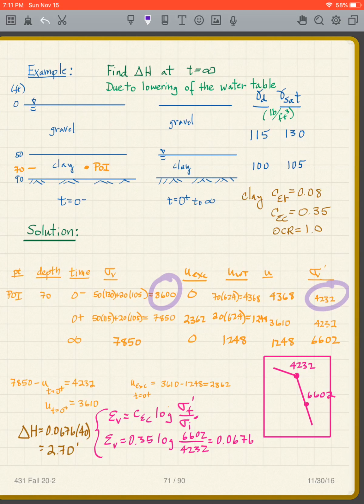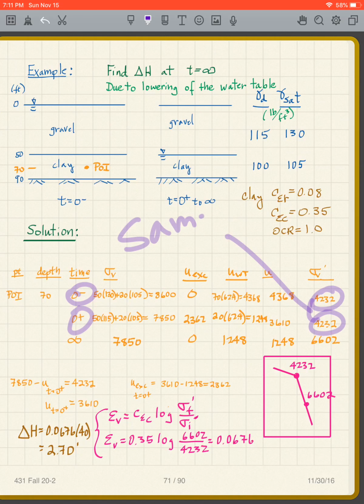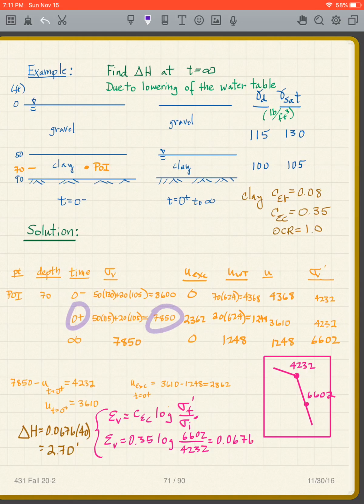Okay, so what do I know has got to be true at t equals 0 minus and t equals 0 plus? Well, these two are the same. Remember, those are always going to be the same when there's no time going past. The effective stress doesn't change. So we have those two the same. In other words, at t equals 0 plus, I have this number.